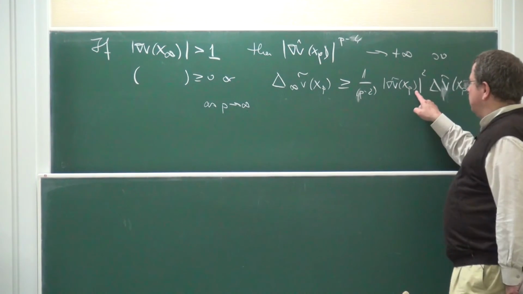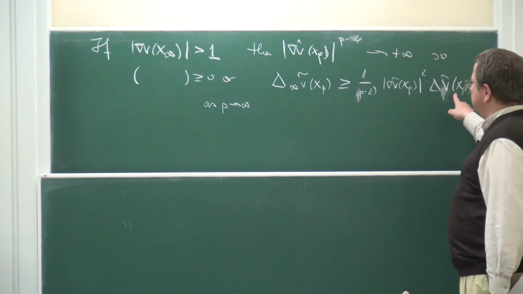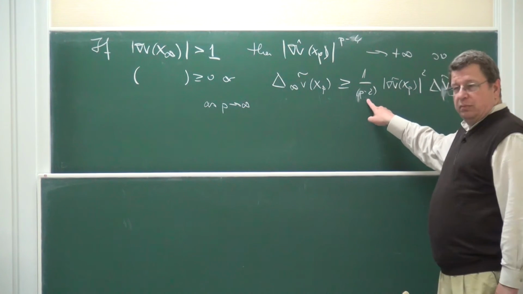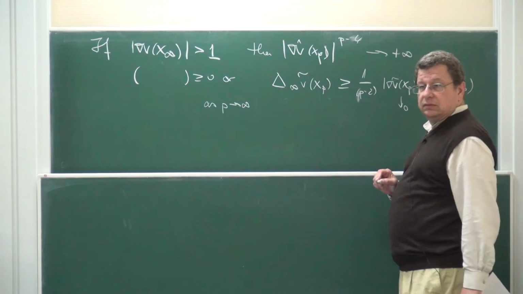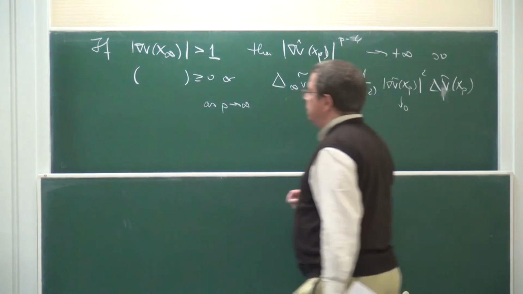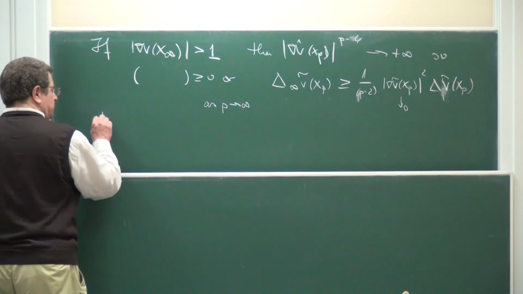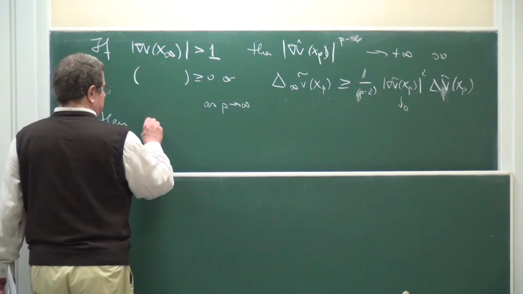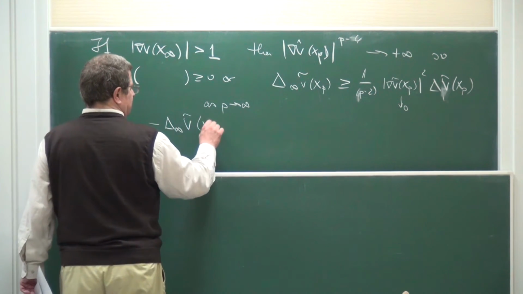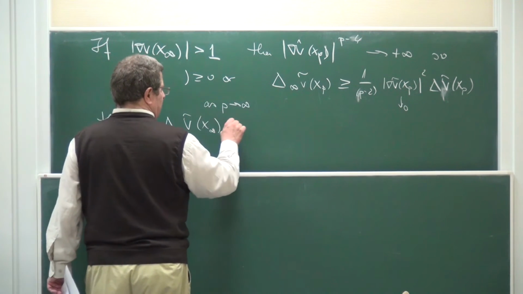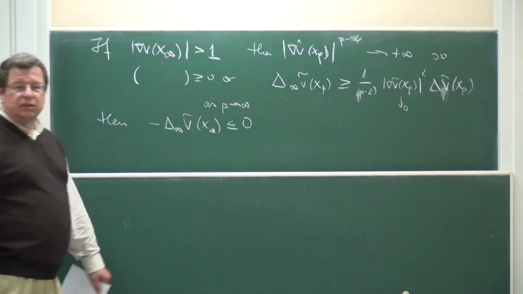But this here is something that is bounded, and this is something that is bounded, and this is 1 over p minus 2, so this one goes to 0. And then we can conclude that minus the infinity Laplacian of V tilde in x infinity must be less or equal to 0.